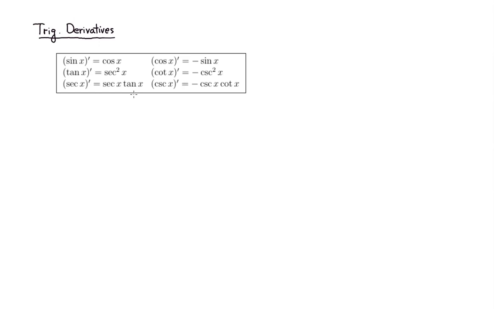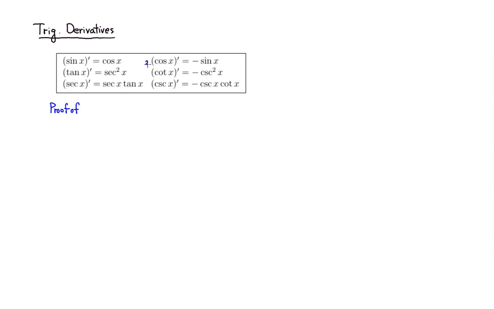I don't have time to go through all 6, but we can do at least one. Sine is usually given in the textbook, so let's try to verify the derivative of cosine. It's a proof, so let's write it out.